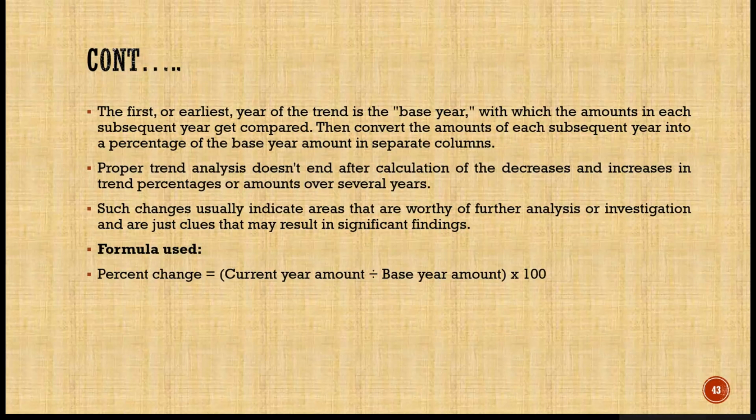Such changes usually indicate areas that are worthy of further analysis or investigation and are just clues that may result in significant findings. The formula used for calculating percentage change is equal to current year amount divided by base year amount into 100.